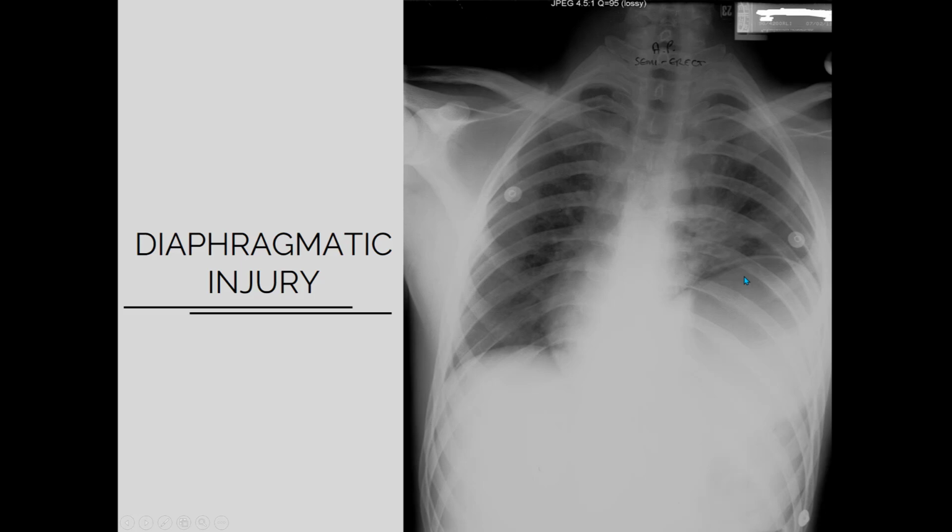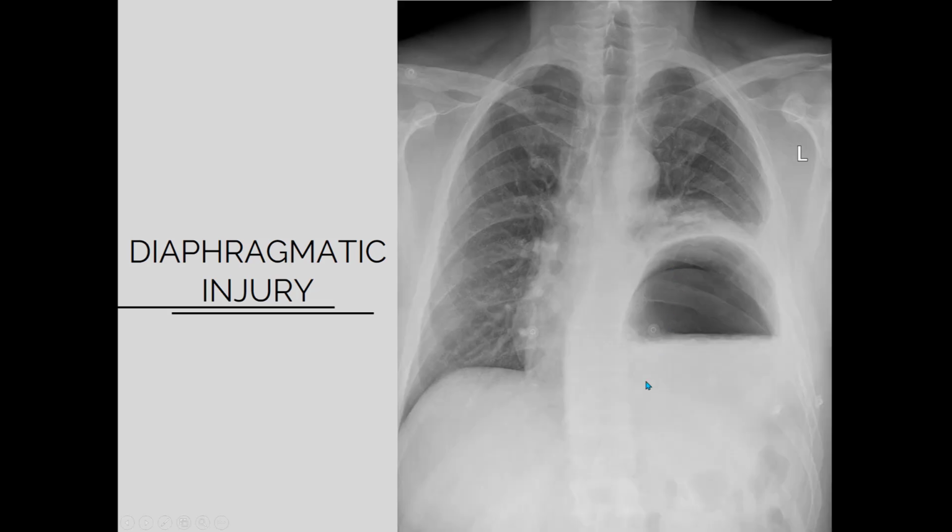There may be different ways that diaphragmatic injury may present on the X-ray. Number one, there may be a difference in the level of the diaphragm, and the other thing is that there may be abdominal viscera present in the thoracic cavity. As you can see in this picture, the gastric bubble is not at its normal place.